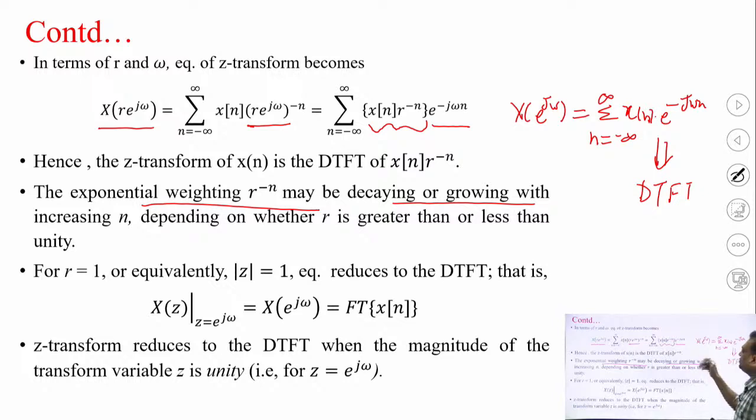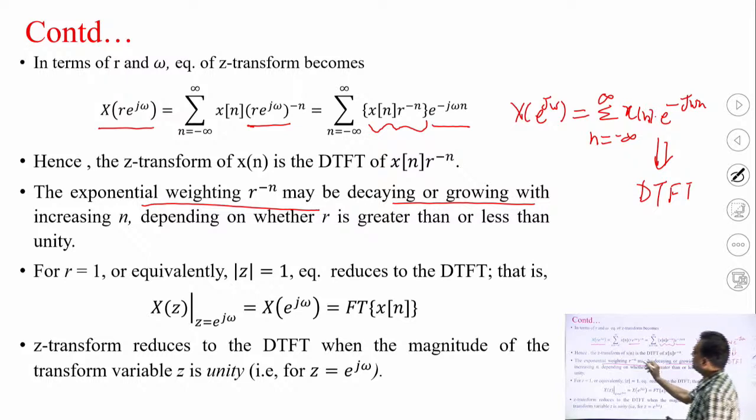Previously, in the case of the DTFT, r was equal to 1.